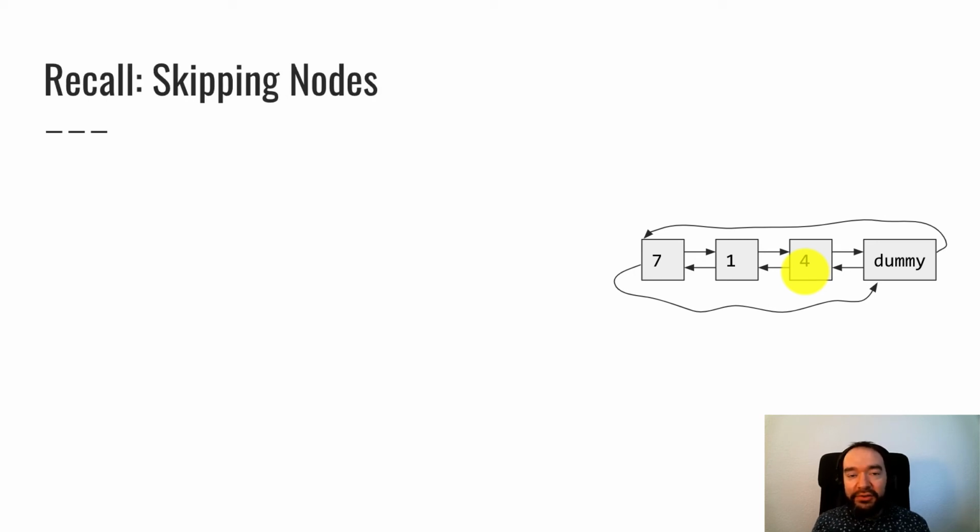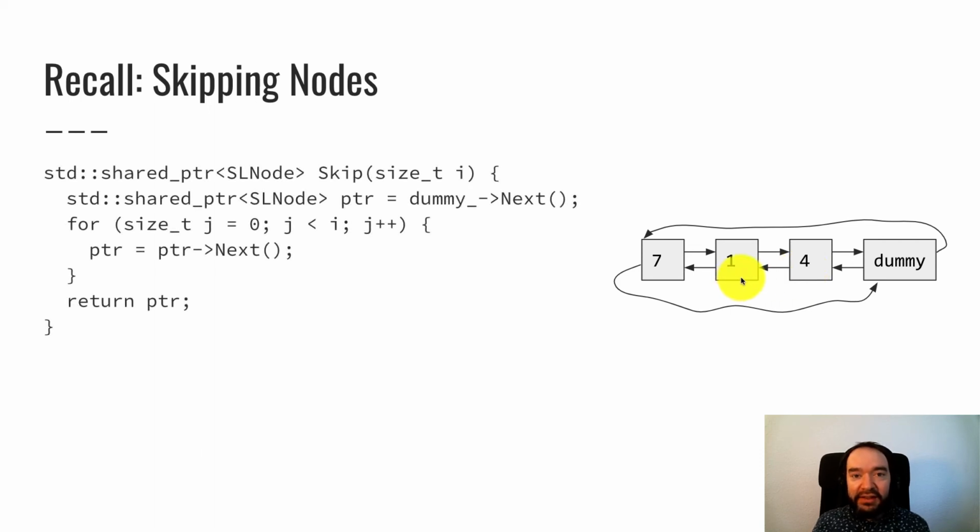Okay, there's two other operations: get the element at a given index and set the element at a given index. In order to do that, we're going to have to skip nodes. There's no way around that. So remember that with singly linked list, we had this private member function called skip, where you give it an index, and it starts at the beginning and works its way to the ith node with a for loop and returns a pointer to that node. So we're going to use the exact same strategy.